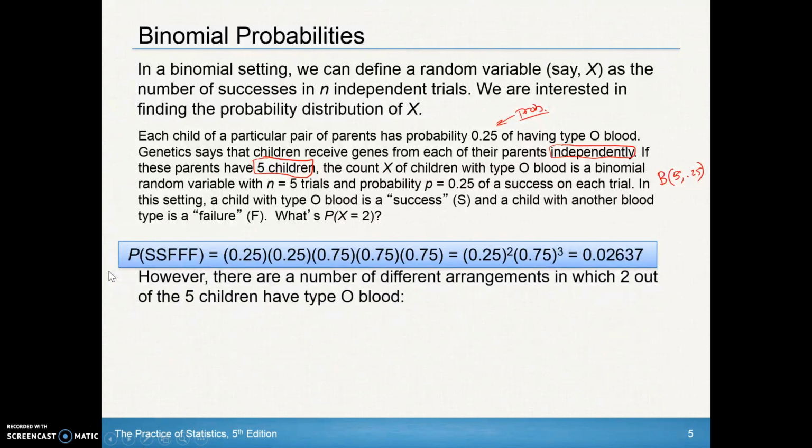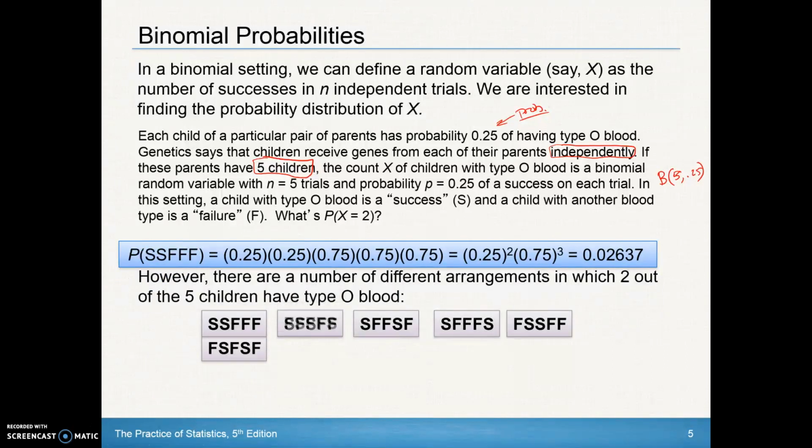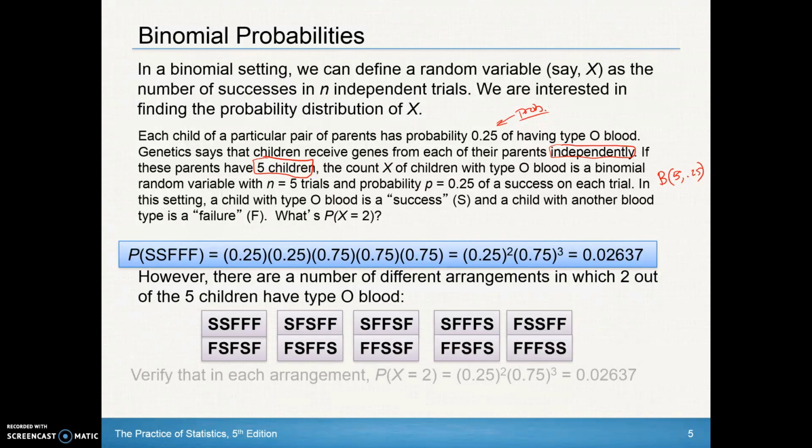But wait a minute. There are a number of different arrangements in which 2 out of 5 children can have type O blood. It doesn't mean the first 2 and the last 3. It can mean all of these different events, which all have 2 kids with O blood and 3 kids without O blood. And each of these different arrangements would have that probability.